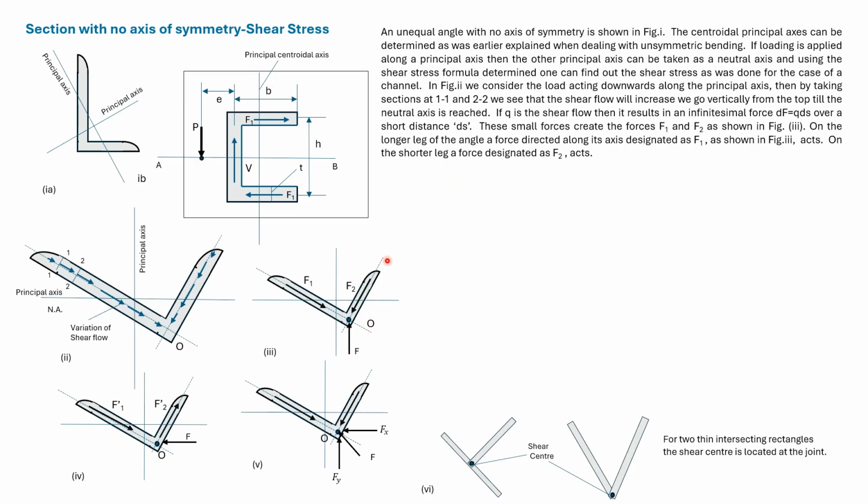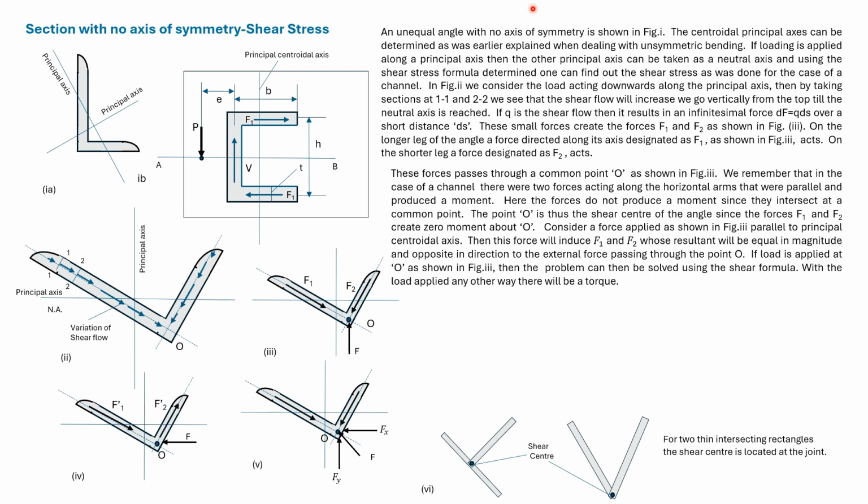There will be no torque acting on the section. We can switch principal axis. So if a force is applied parallel to the other principal axis and passes through the shear center, there will be no torque in the section. As in this case, we can use the shear stress formula to find the stresses in the section.